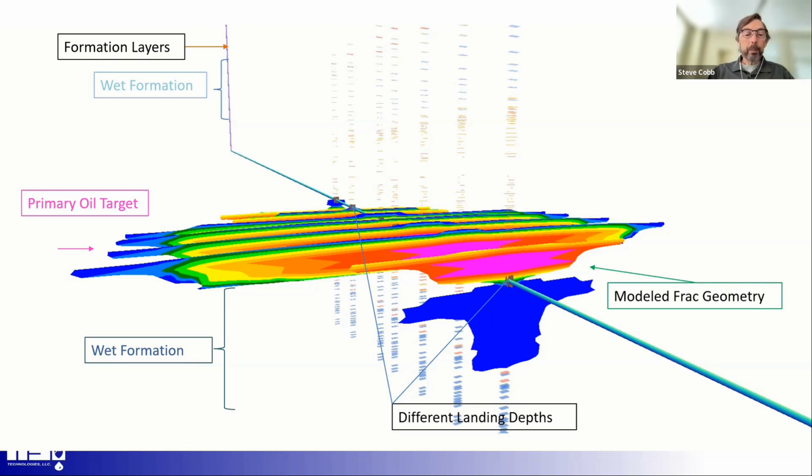So I guess, Dario, I'll open it up to you again. You showed this example of trying to optimize the landing of the well, but as Ron points out, it also helps you think about how the reservoir might be changing along the well and whether you're going to run into challenges, whether you need to engineer the completions as you go along the well versus just have the same design from heel to toe.